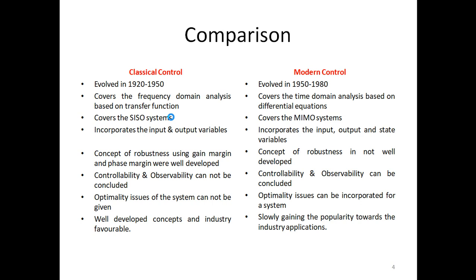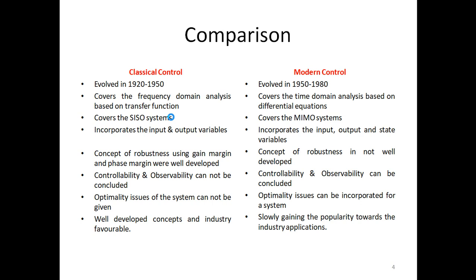Robustness is a property of the control system. If we are analyzing the robustness of a system, it is highly analyzed in classical control systems, while modern control systems have some restrictions. Controllability and observability cannot be concluded in conventional or classical control systems, while controllability and observability of a system can be evaluated in modern control theory.